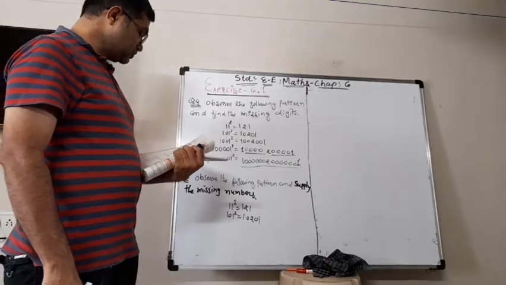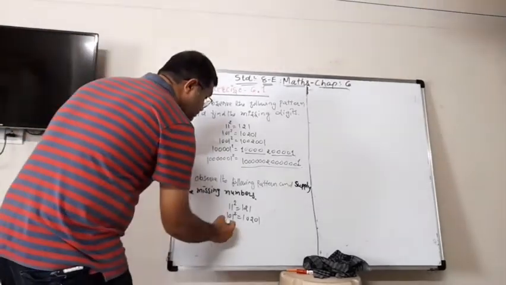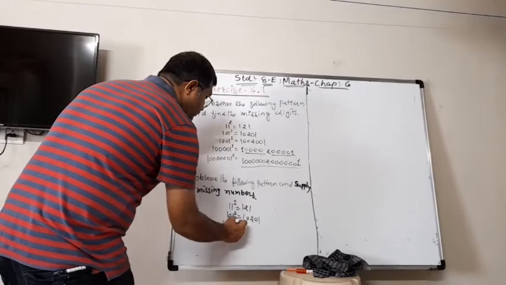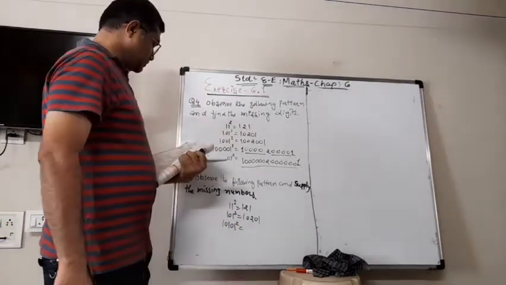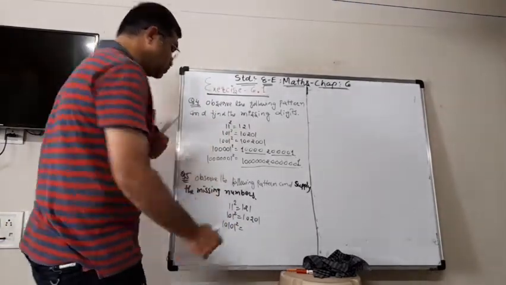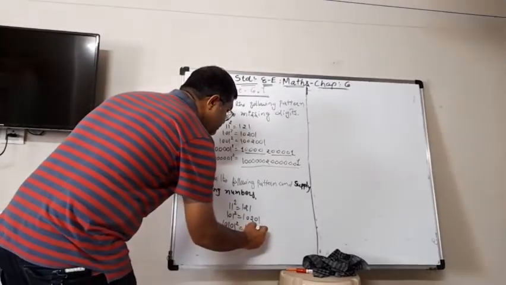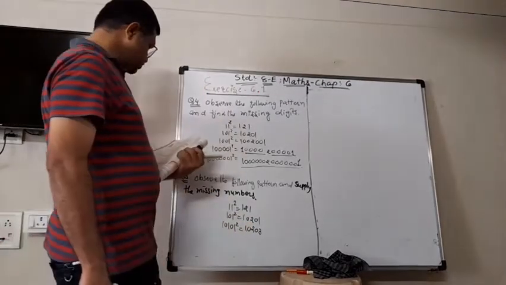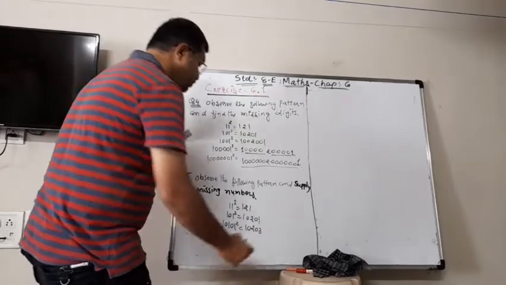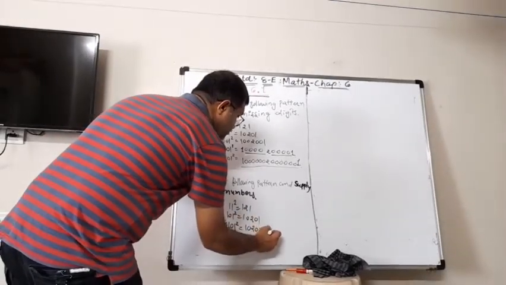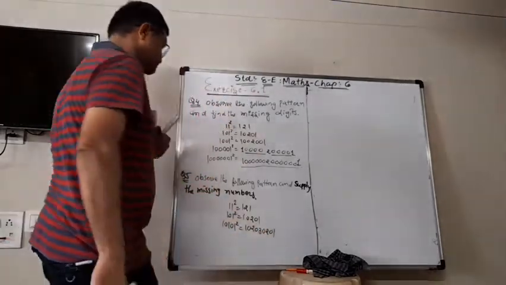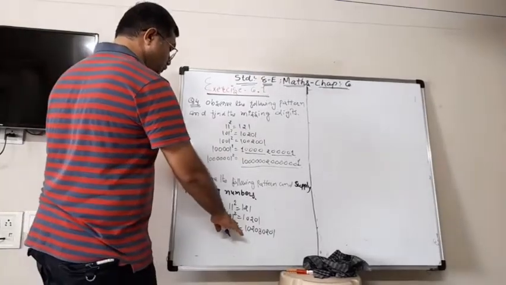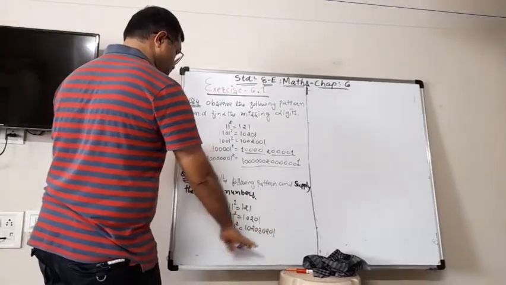So there is 10101 square, then it is 10203 0201. It means it is reversed.